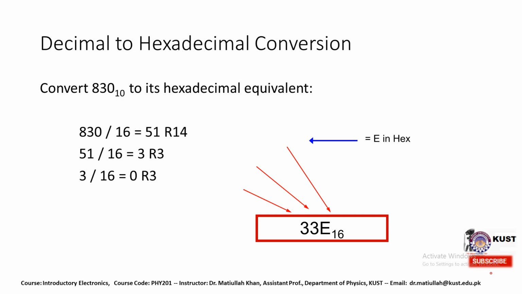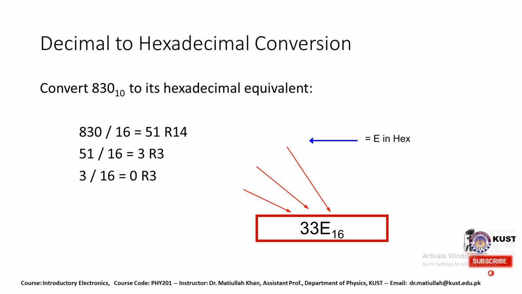So we need to divide by the base, which in this case is 16. If we divide 830 by 16, we get 51 with a remainder of 14. Similarly, if we divide 51 by 16, we get 3 with a remainder of 3. And if we divide 3 by 16, we get 0 with a remainder of 3.